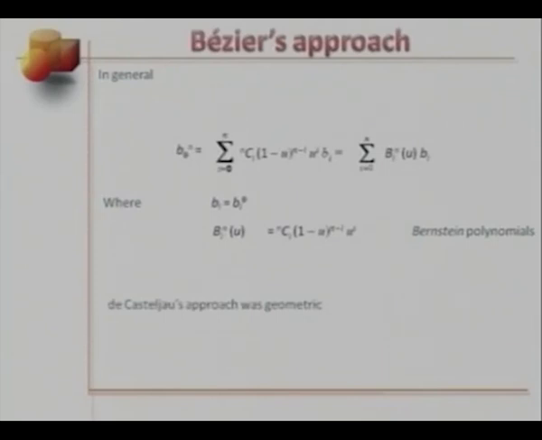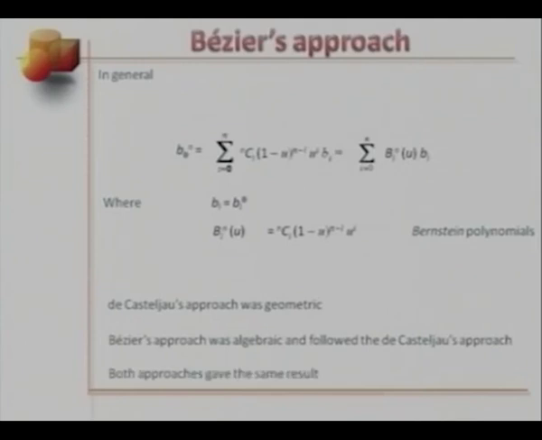As I said before, de Casteljau's approach was geometric, while Bézier's approach was algebraic, and it followed de Casteljau's approach. It is interesting to note that both approaches gave the same result. If you look at this expression, b sub 0 super n equals the summation from i equals 0 to n of capital B_i super n, a function of u, times b_i, the design points.